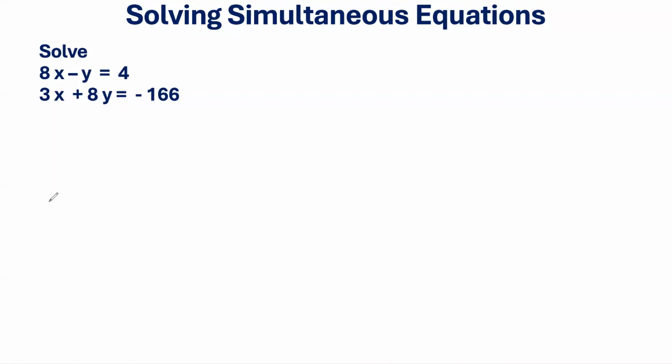If you want to eliminate y, you can multiply equation number 1 by 8. Then minus 8y and plus 8y will be eliminated, and you can find x.